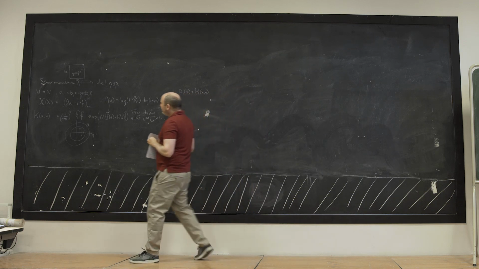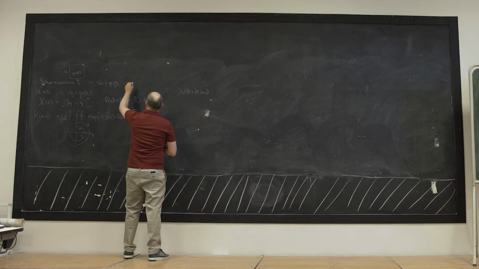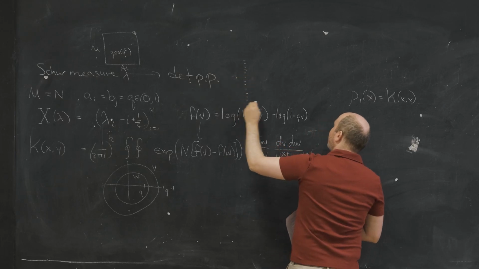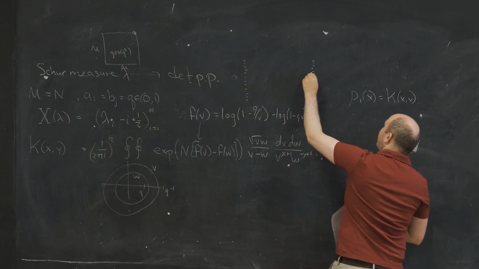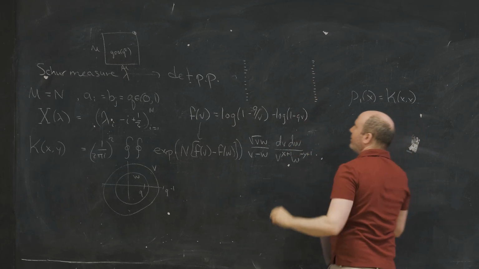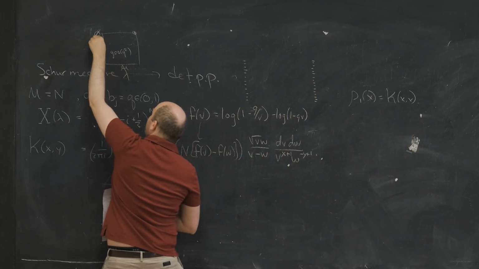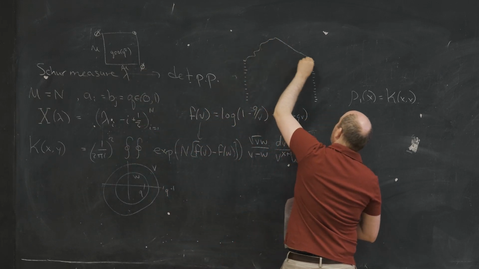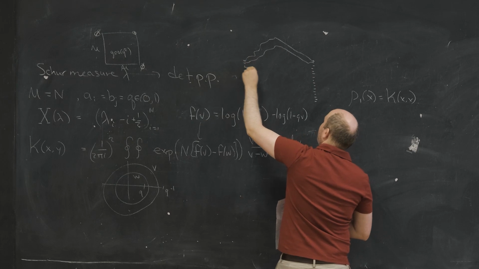So in terms of the Schur measure, remember we had this picture where we had these sort of starting configuration, ending configuration for what the lambda is, the empty partition, and then we started increasing and then decreasing.